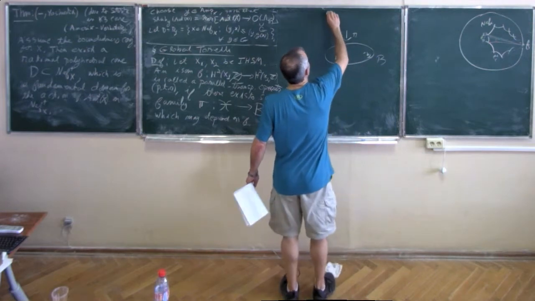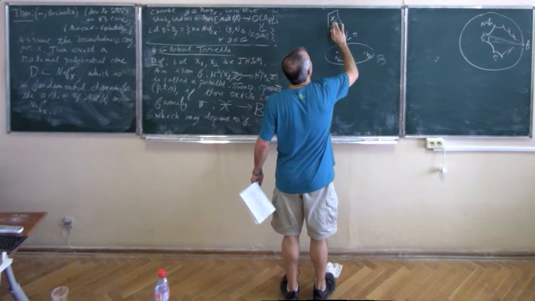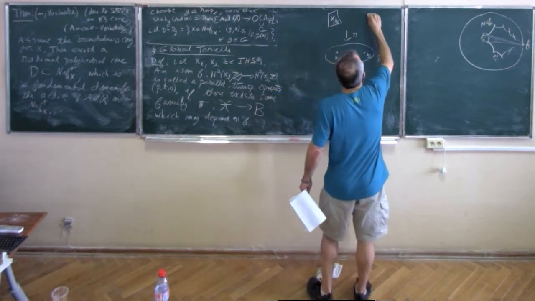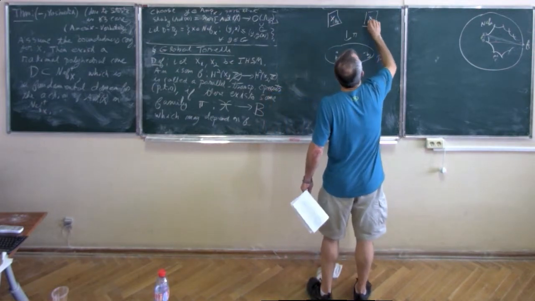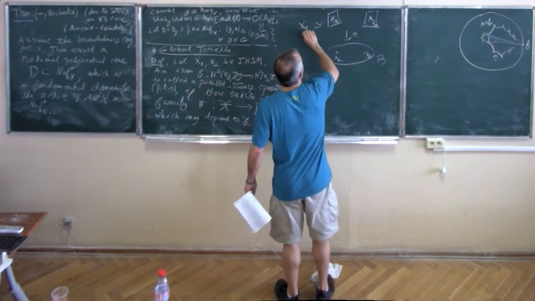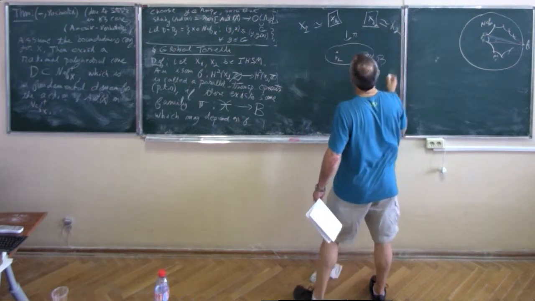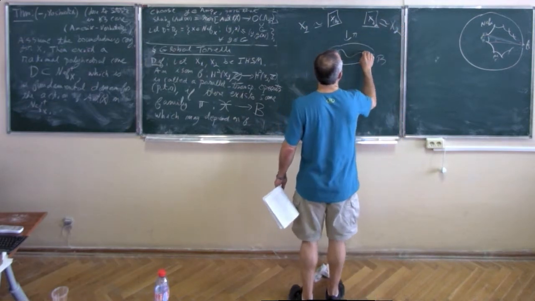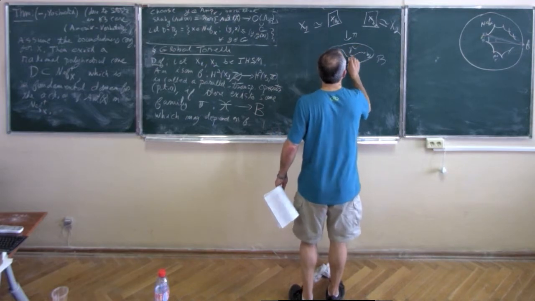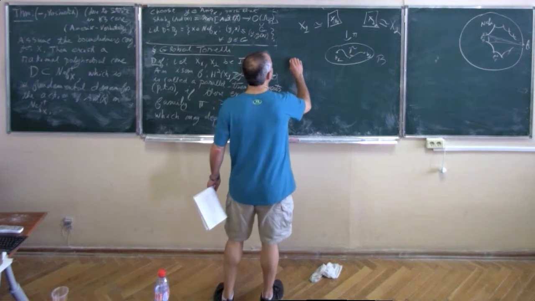So we have XB1 and XB2, the fibers. And we need an isomorphism of X1 with this. That's all part of the data. And we need also a path, gamma, a continuous path from B1 to B2. And then we have the local system.